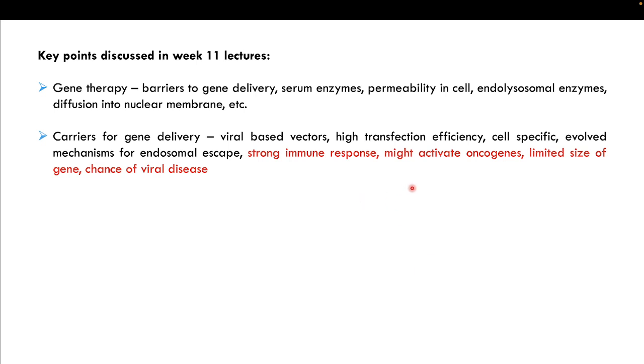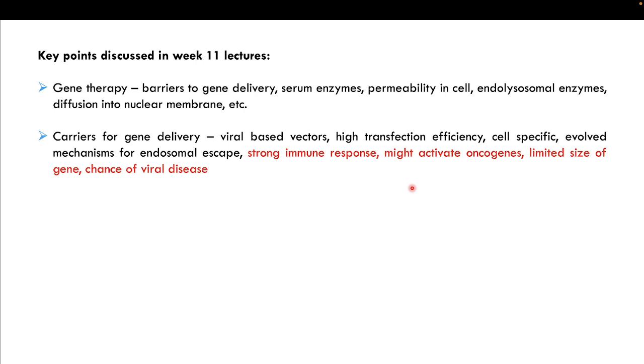The next disadvantage could be that it might activate oncogenes. It's a very good thing that the virus is able to infect the cell, and it integrates that gene into the genome of the cell, but it does not have control of where that gene is going to be integrated.